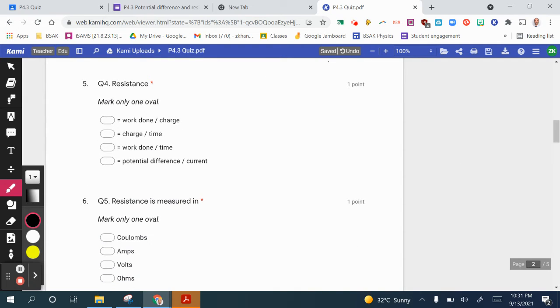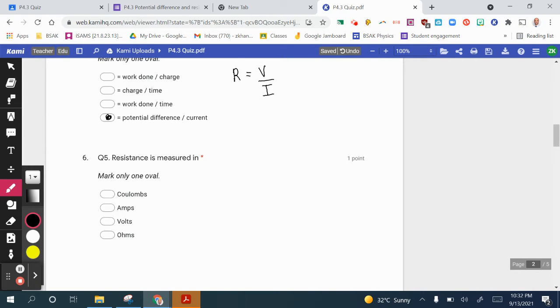Question 4, resistance. Resistance is the potential difference divided by the current. So R is the resistance in symbol form. Potential difference we said was voltage, so V, and then we use the symbol I for current. So it's the potential difference divided by the current.